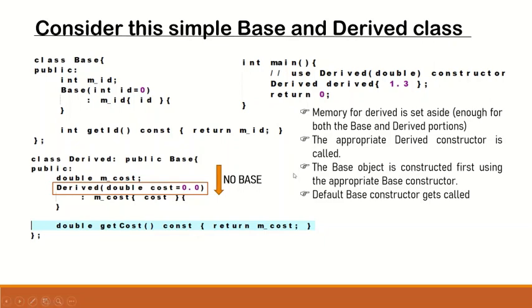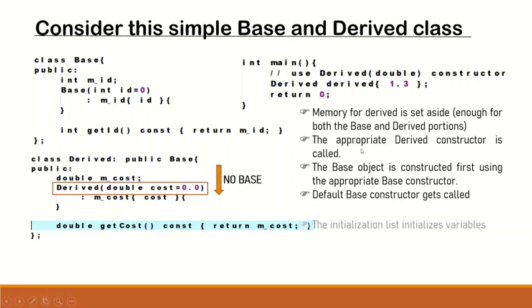Because we are not providing any base class constructor here, it provides the default base class constructor, and we know what a default base class constructor does: it initializes the data member with garbage values. So m_id as part of the derived object will have a garbage value.